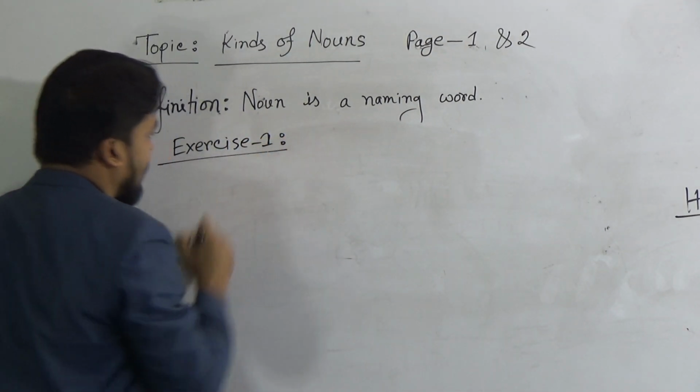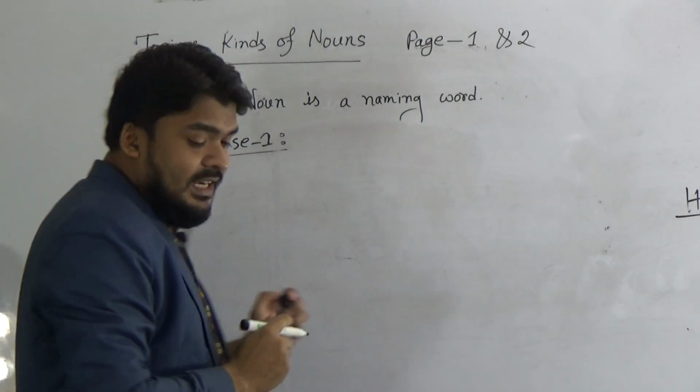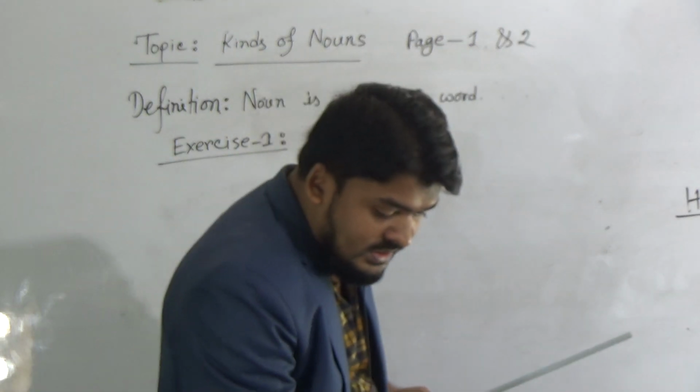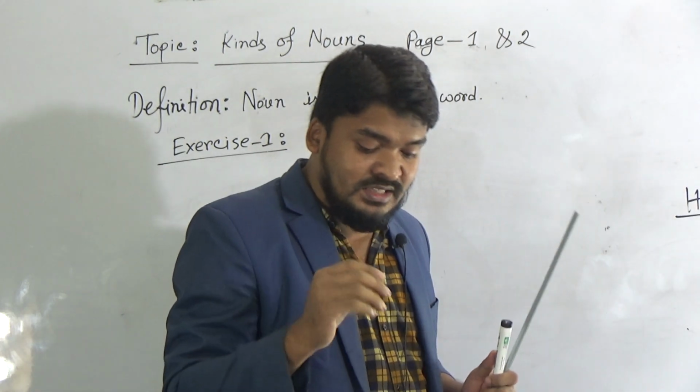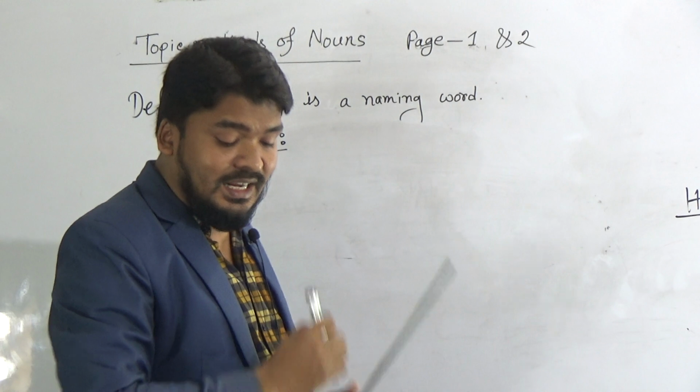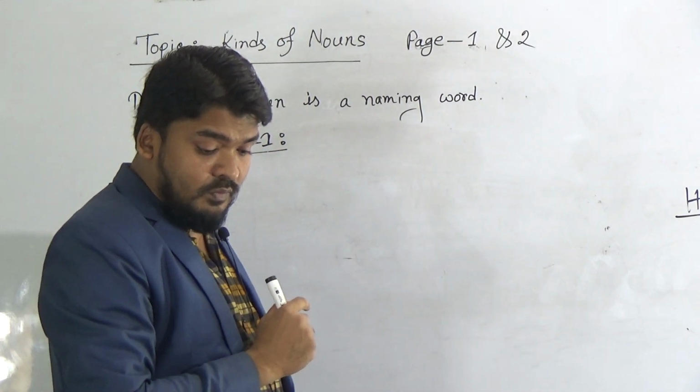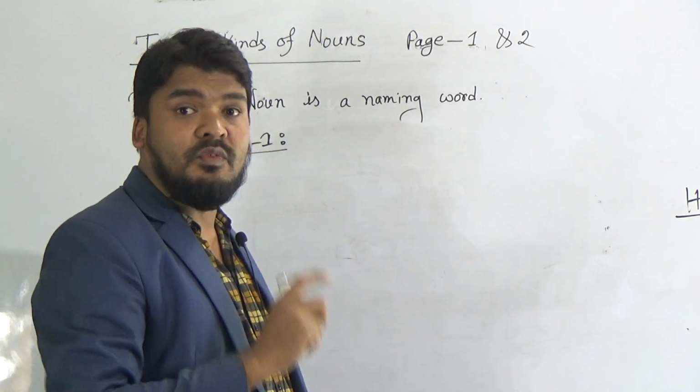That means in exercise 1, the question is saying that you have to write 5 proper nouns for this common noun. That means there is a common noun. From that common noun, you have to write 5 proper nouns.